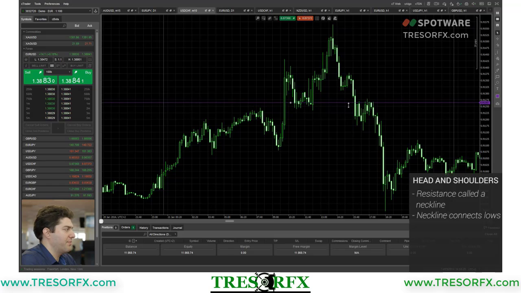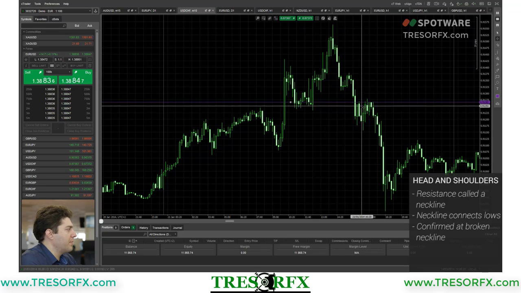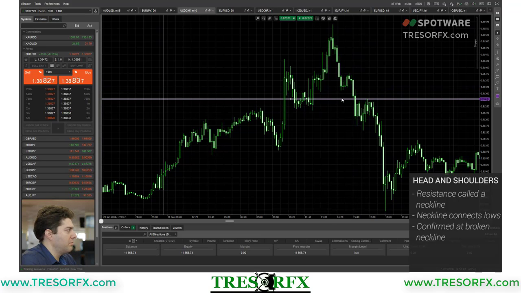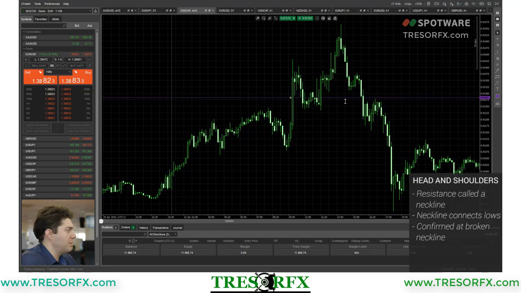Nothing is perfect in the market. What matters is that when the neckline is broken, that's when the trend is confirmed. So depending on where you draw it, it's confirmed here or a bit below. Still, it's the same spot. Actually, it's a very small difference here.